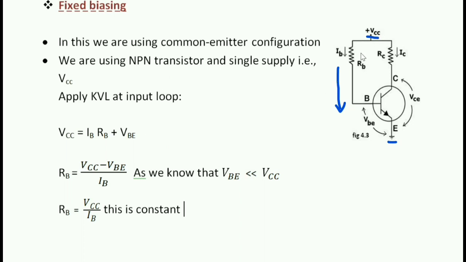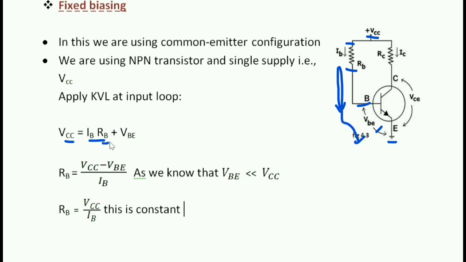The KVL is: this is a single voltage source plus VCC, and this is the input loop. Then VCC = IB RB + VBE. That is, the total voltage supplied is equal to the sum of the voltage drop across the resistor and the voltage drop across the base-emitter junction. This is the input loop.